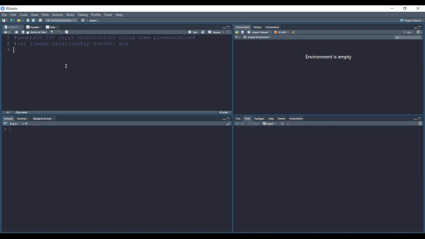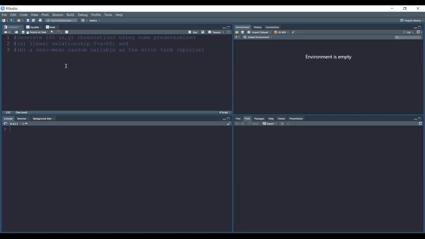and some predetermined linear relationship and a zero mean random variable as the error term, epsilon.